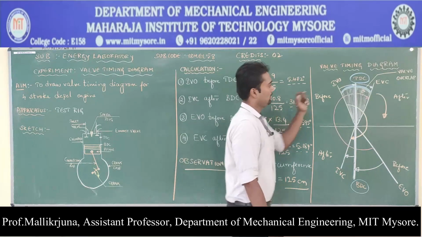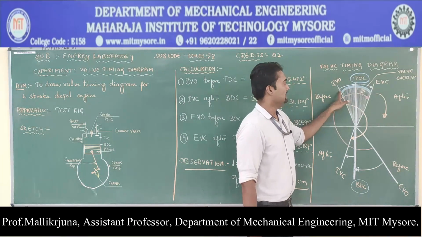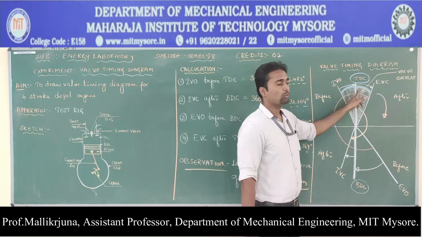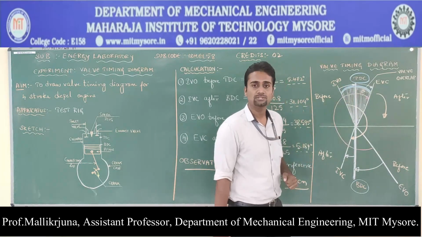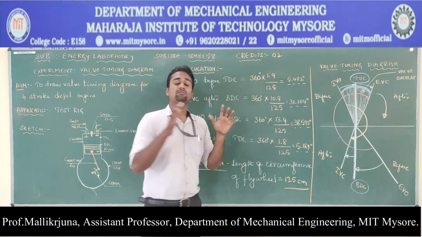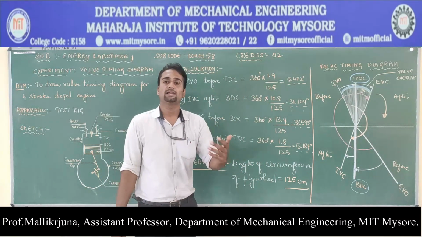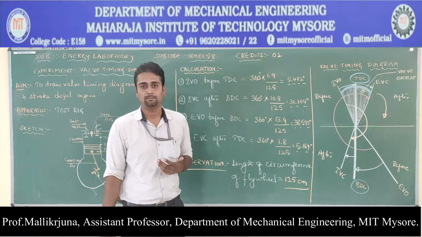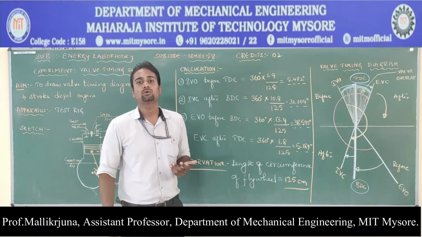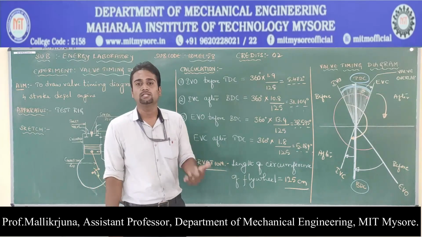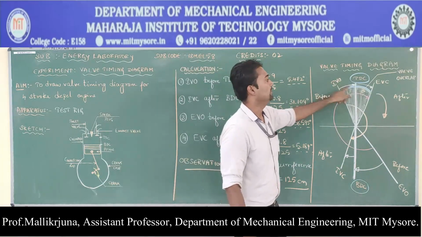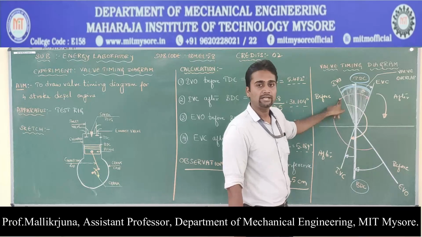So if we look at the inlet valve opening, the inlet valve is not opening exactly at TDC. Why is it opening before TDC? That is the question. Because in the case of high-speed engines, we need to provide them with a lot of charge. In a petrol engine, in order to inject a huge amount of mixture into the engine cylinder, the inlet valve opens before TDC.